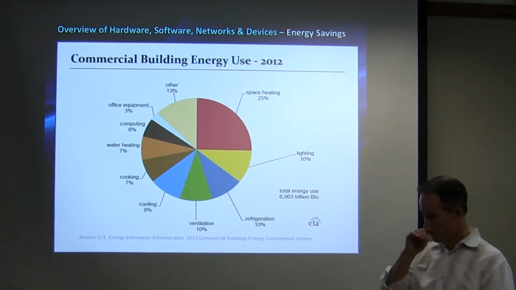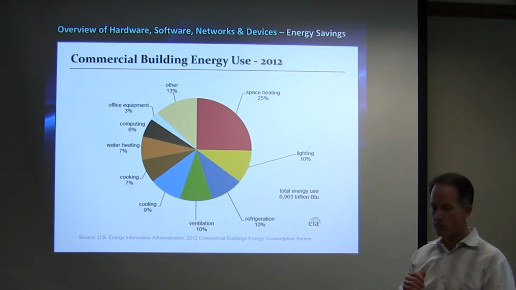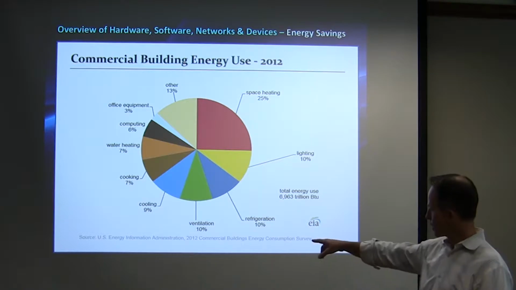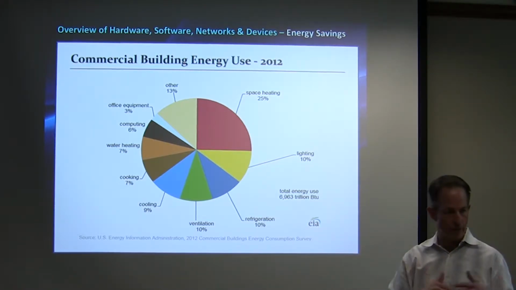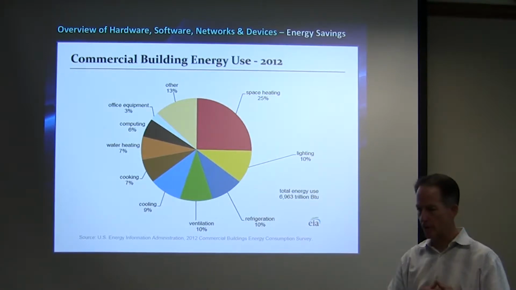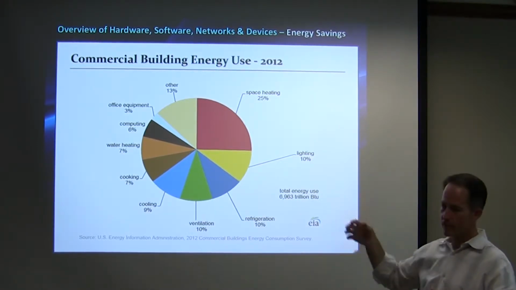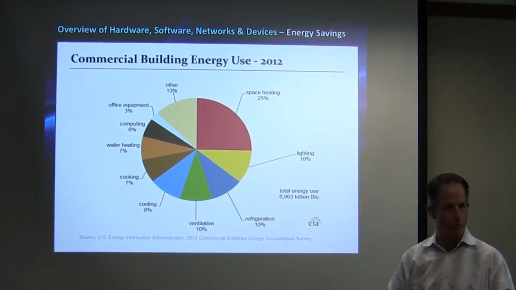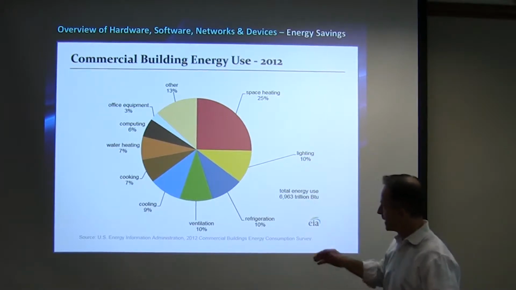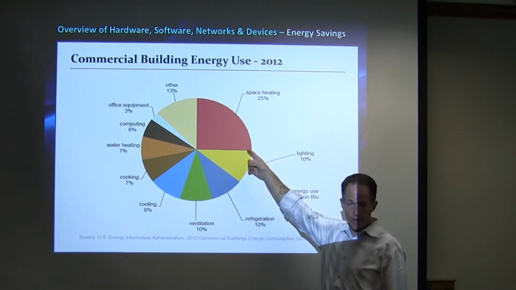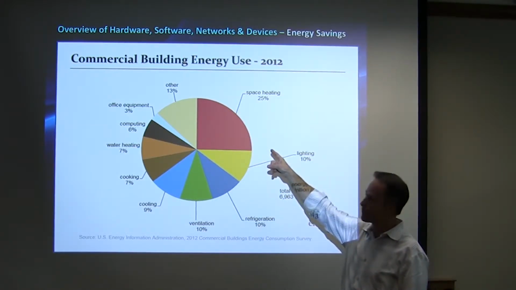Because you've got like 4 or 5 different zones across the United States, right? And each zone's going to be different. This is commercial buildings, so school buildings are slightly different use than maybe a commercial office building. But this kind of gives you a ballpark. We wouldn't be too far from this in some of the buildings and the spaces that we use. But you can see heating is a fairly big piece of that, 25%.